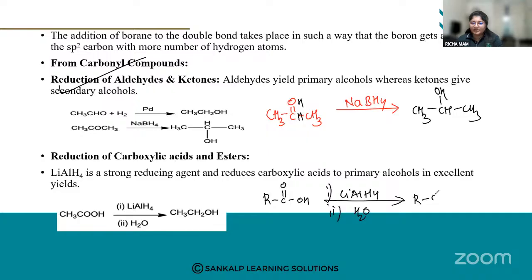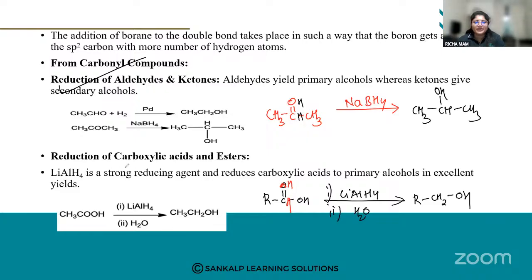I'm going to get an alcohol. What is added? Hydrogens are added, so this is reducing. Here one hydrogen. So I'm going to get RCH2OH. Your oxygen is removed and hydrogen is added.